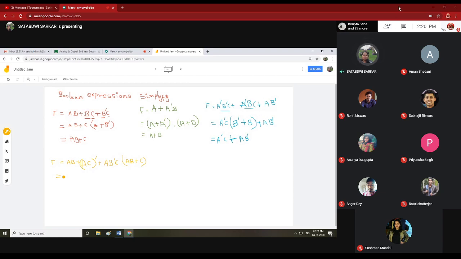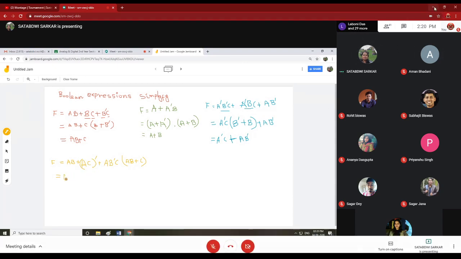So first we will do this complement part. So write the first term as it is, that is AB. Next the second term, that is A bar plus C bar. Actually this is whole complement.